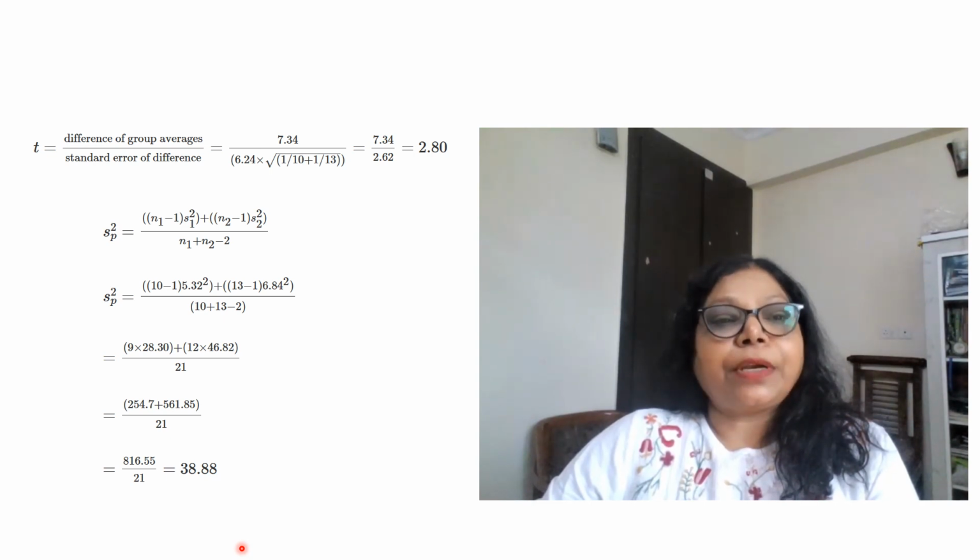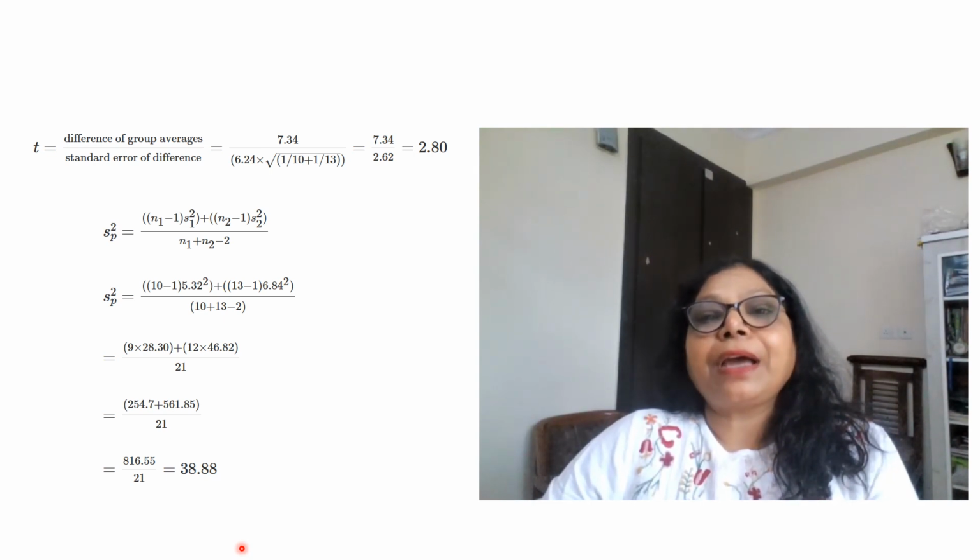So first we calculate the pooled variance. The formula is n1 minus 1 times s1 squared plus n2 minus 1 times s2 squared, divided by n1 plus n2 minus 2. And similarly, we put in the values. n for the first group is 10, for the second group it is 13.